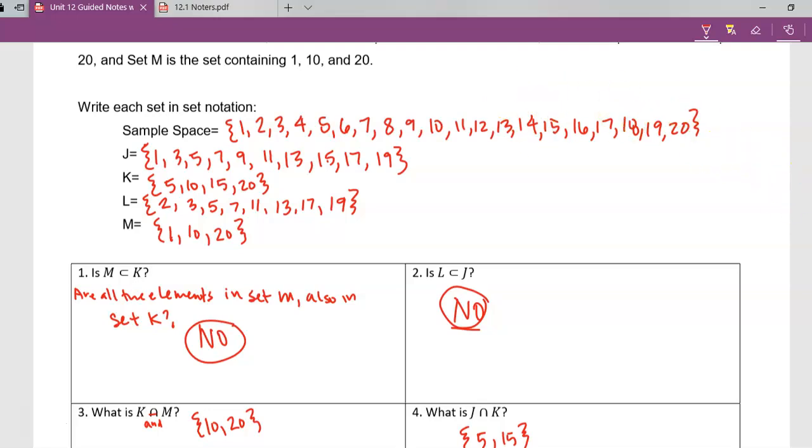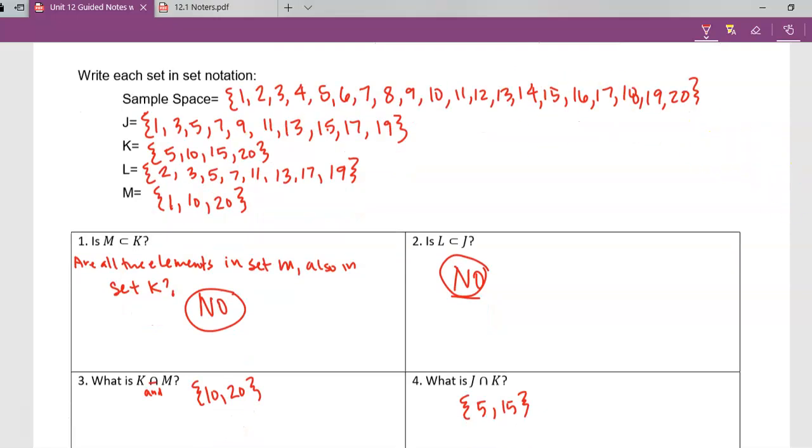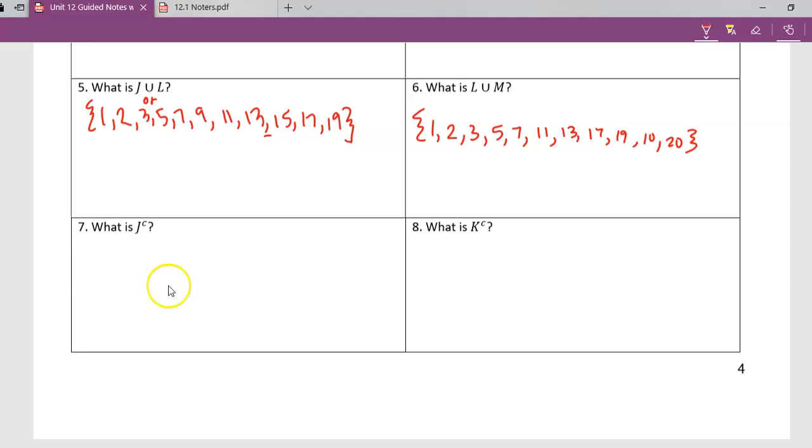We wanted to get rid of everything that's in set J and still in the sample space. So it would just be all the even numbers between 1 and 20: 2, 4, 6, 8, 10, 12, 14, 16, 18, and 20. Okay, so the complement means look at the sample space, cross out anything that's in J, and then what's left is going to be the complement.